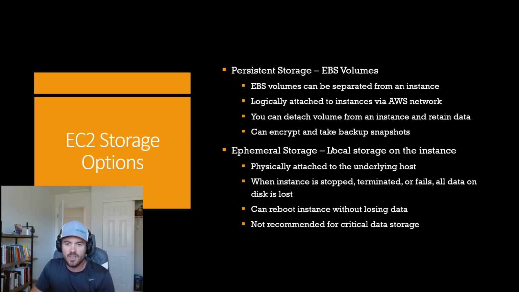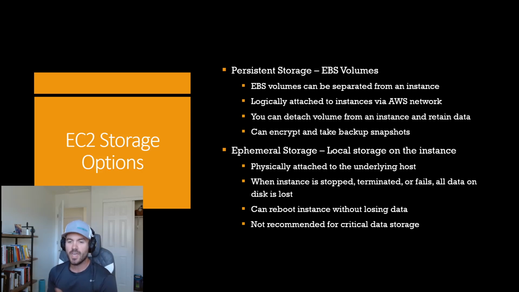Ephemeral storage, on the other hand, is local storage physically attached to the underlying host that your instance is on. Okay. And it's designed to be temporary, not recommended for critical data storage, because if the instance is stopped, terminated, or if there's some kind of disk drive failure, your data's gone, all of it.